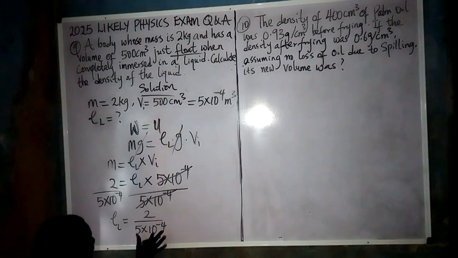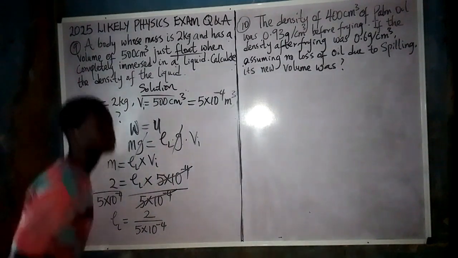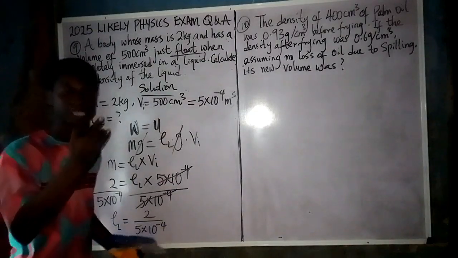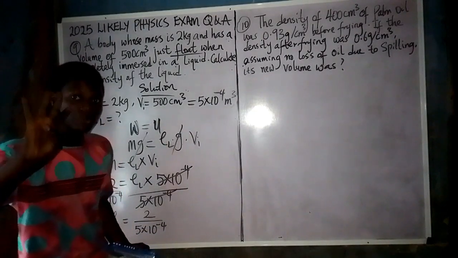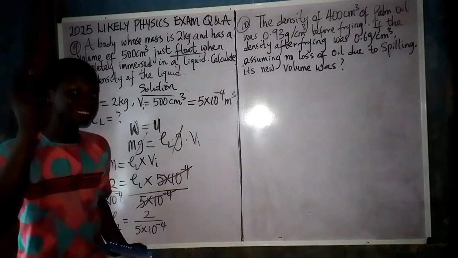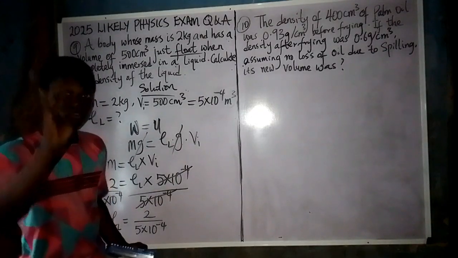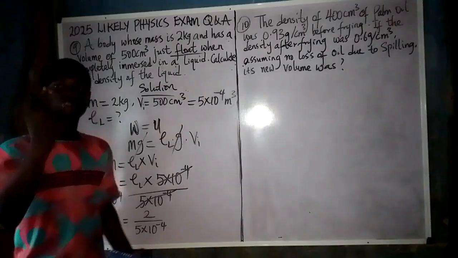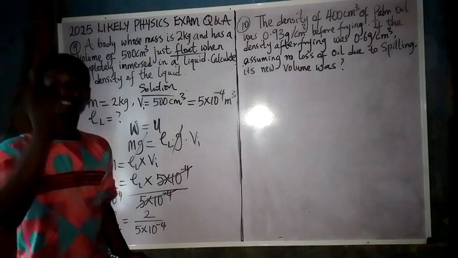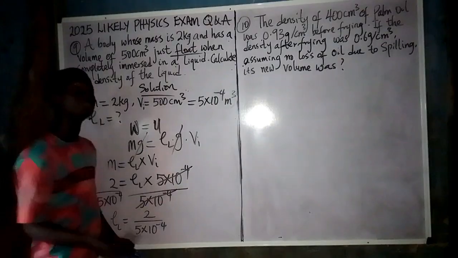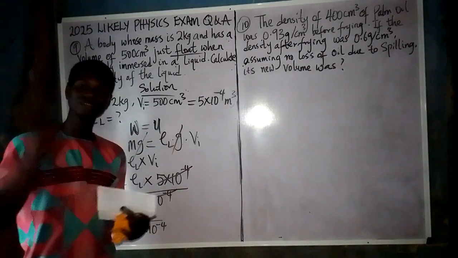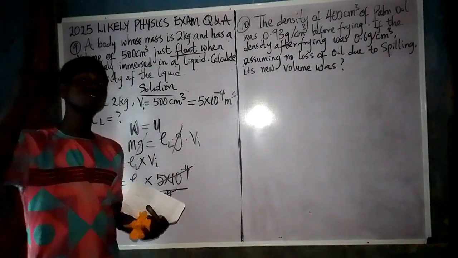Or like I said, this 5 times 10 raised to the power minus 4 is the same thing as what? 0.000, how many zeros? 4. So 0.0005. If it was 5 times 10 raised to the power negative 3, I would say 0.005.